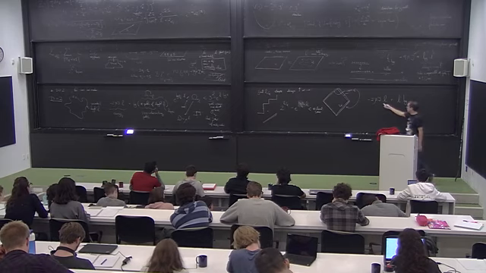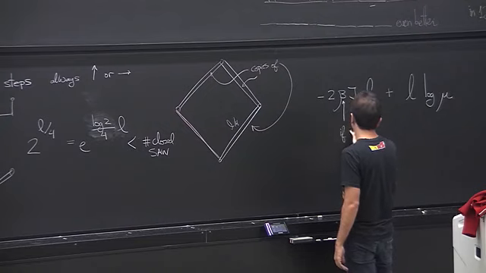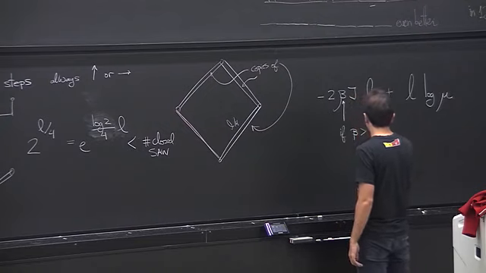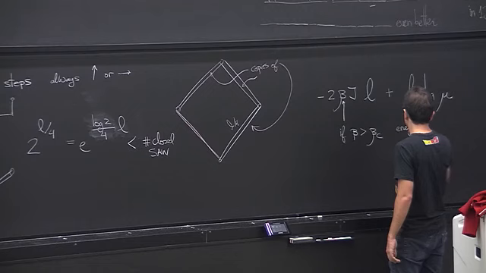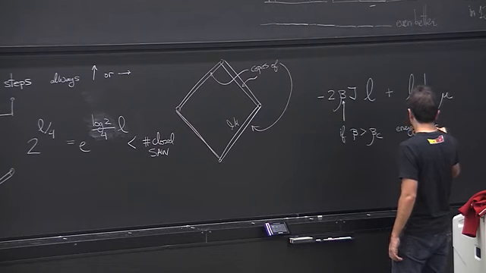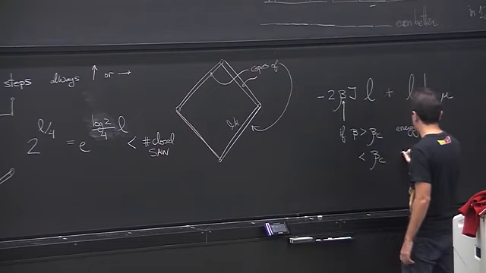Well, it depends on beta. If beta is bigger than some beta critical, the energy wins. If beta is smaller than some beta critical, the entropy wins.